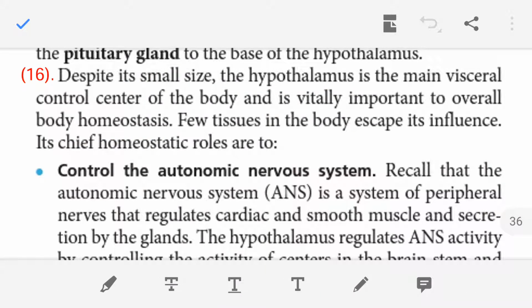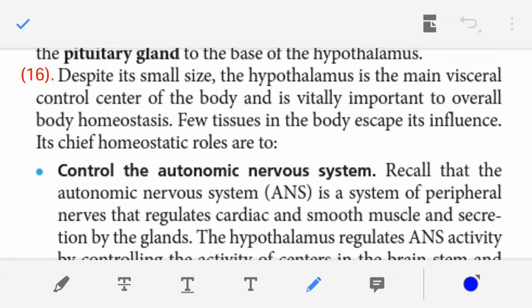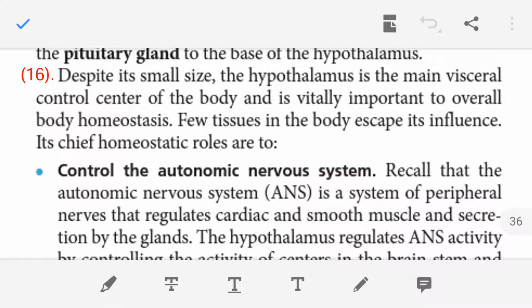Homeostasis means the regulation of temperature, water, mineral ions, and blood pH. So the balancing of the body is known as homeostasis, and for its maintenance the hypothalamus plays a very important role.